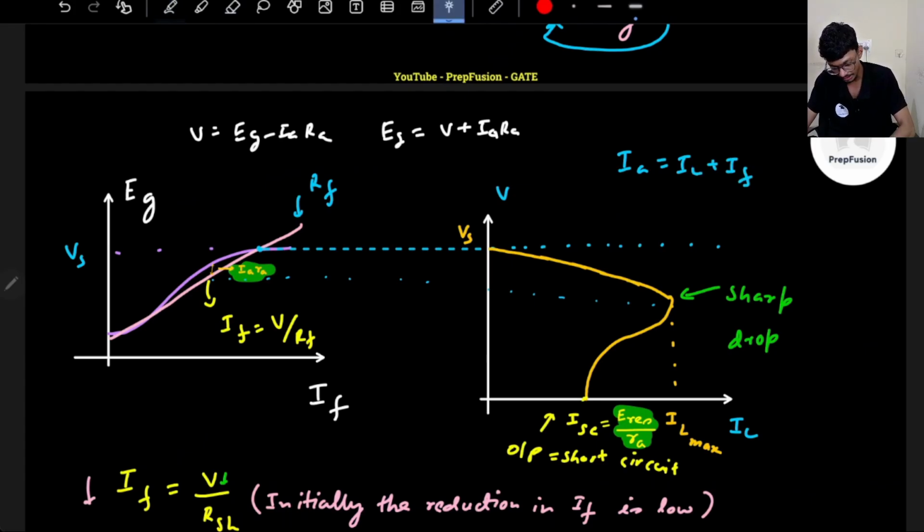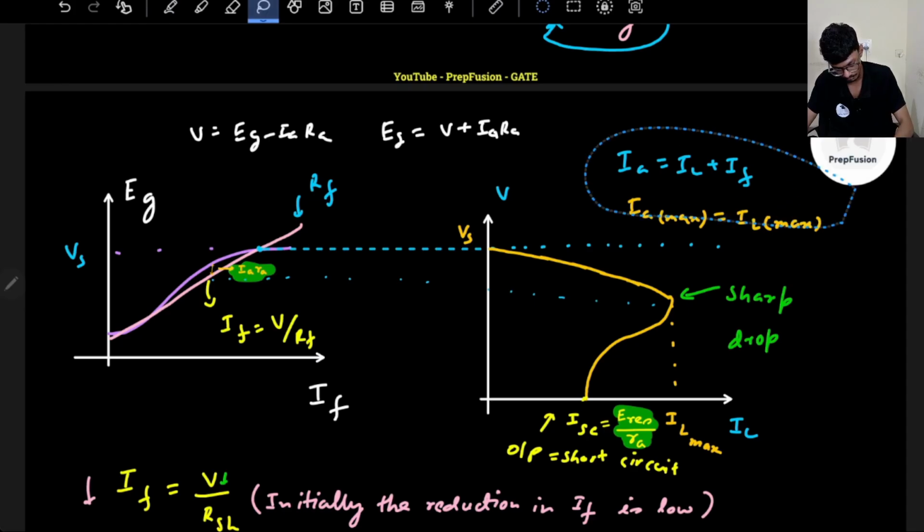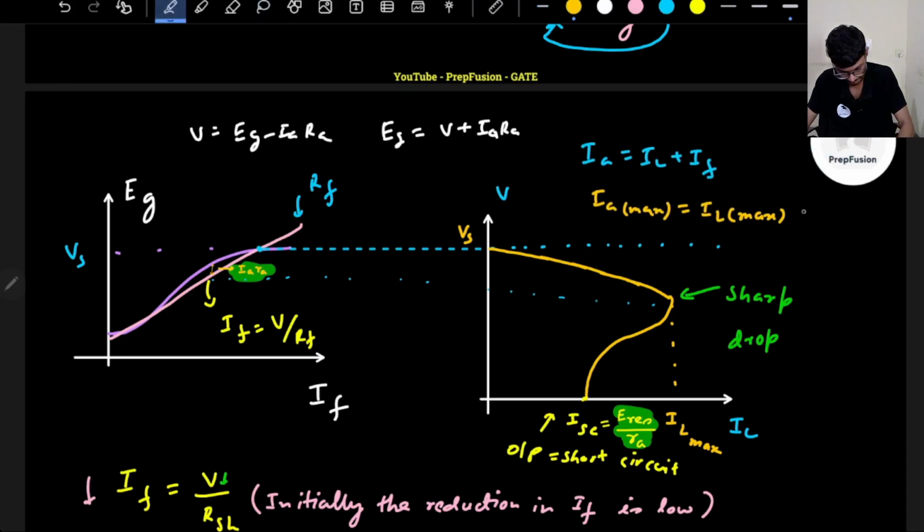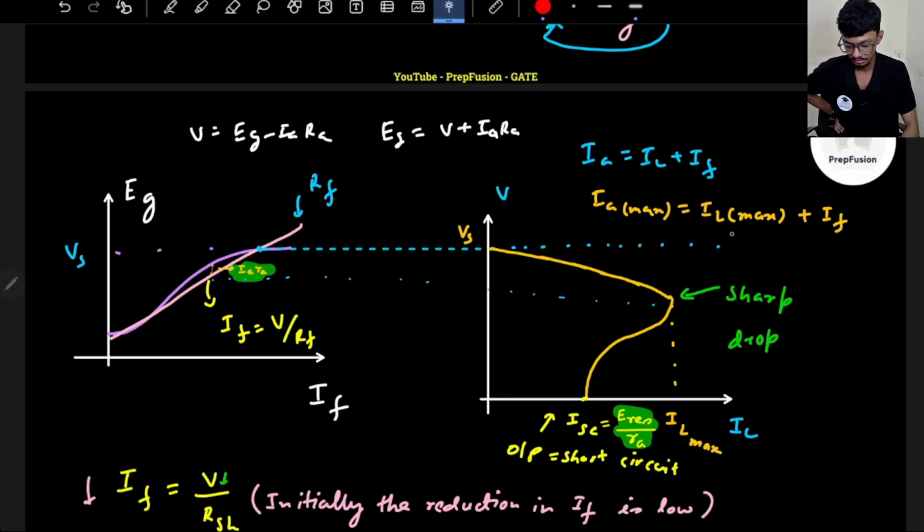So when my IL will be maximum, the armature current also will be maximum. So if my load current is maximum, then the armature current also will be maximum, right?